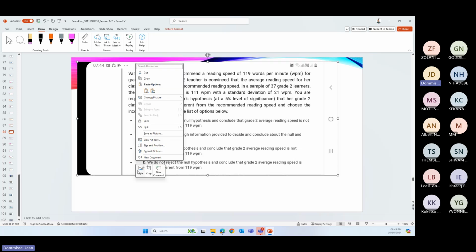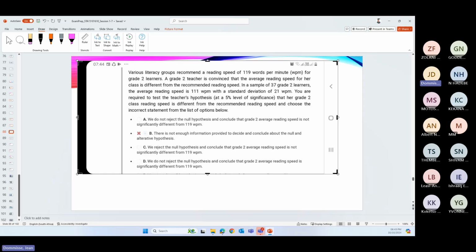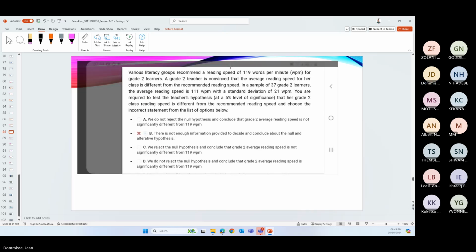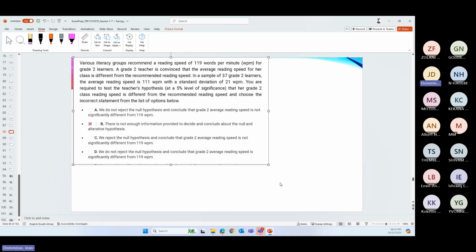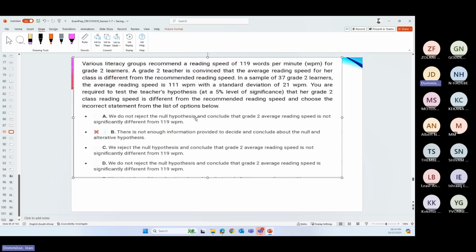So again, we can now quickly look at the two different years that this was in. Basically looking at information of how many words per minute kids are reading.